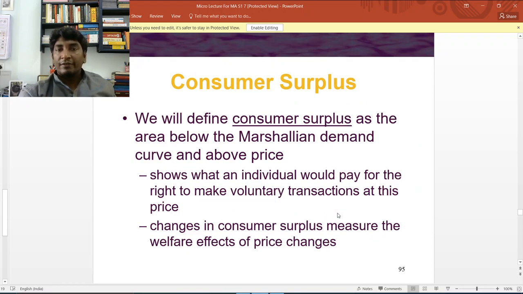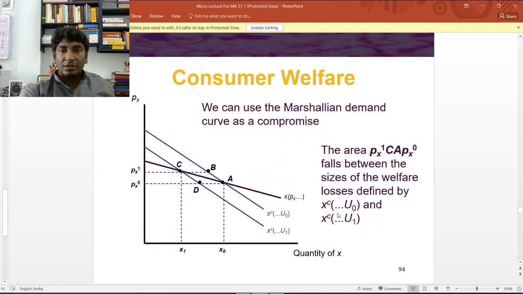So we will define consumer surplus as the area below the Marshall demand curve and above price. In that sense, it is below the Marshall demand curve and above the price. So this is what is called your surplus, and this is the welfare loss of that portion. If this is the case, this is the welfare loss.